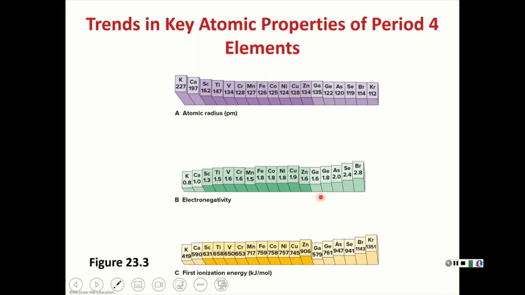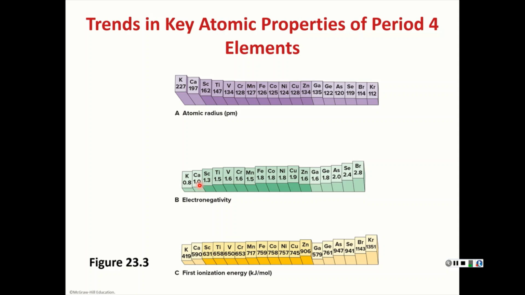Looking at that graphically, the transition elements are colored more deeply in these figures. Atomic radius goes down when we go from main group metals to the transition metals. After a couple more steps it decreases, and then it reaches a constant.